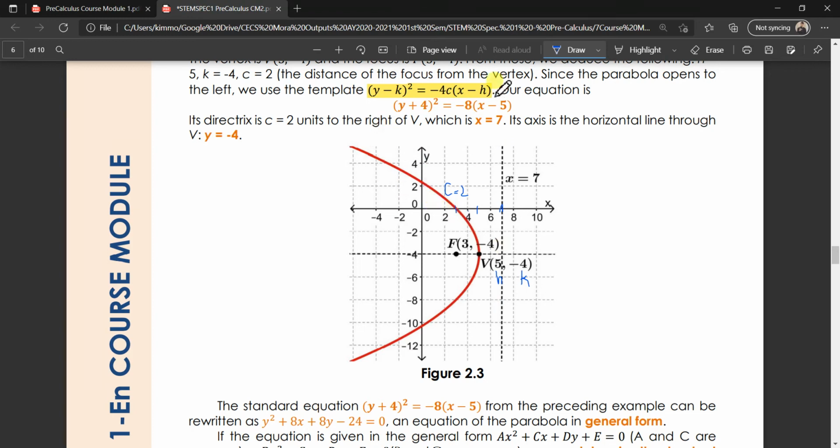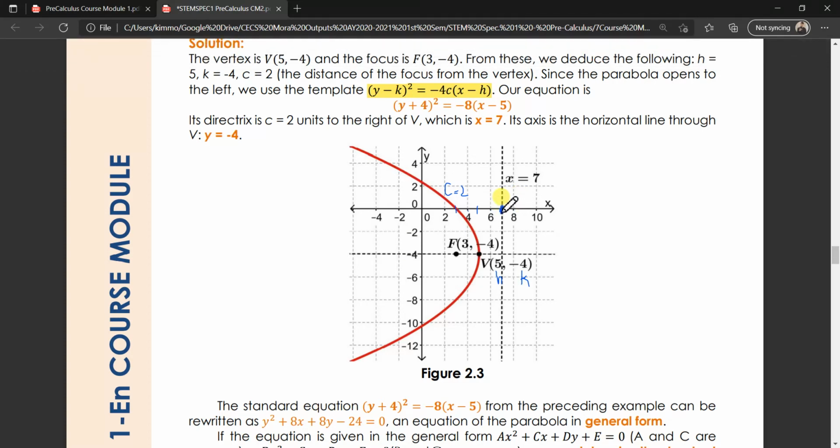If opening upwards or downwards, our directrix is y. Here it is x because the axis where our broken line touches is where its variable is placed. Since it touches our x-axis, our equation for the directrix is x equals, at which point? This is 7, between number 6 and 8. So we have x equals 7.